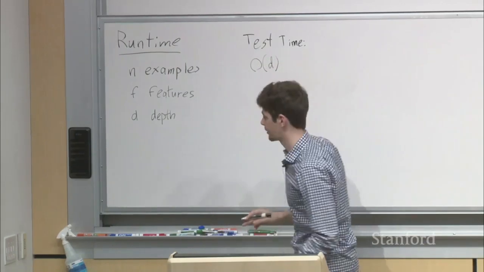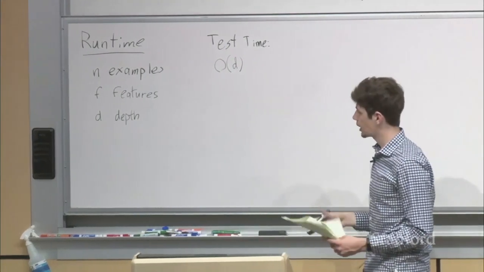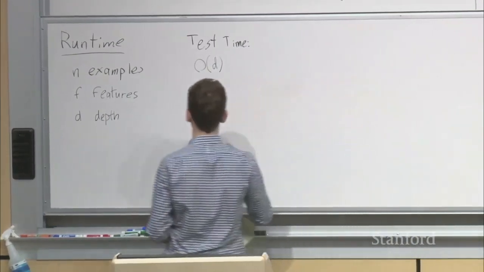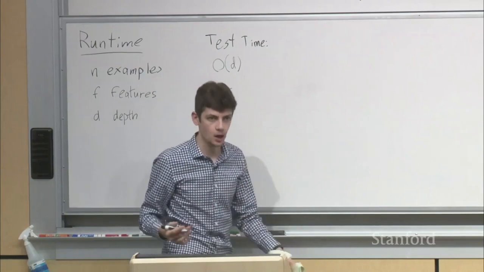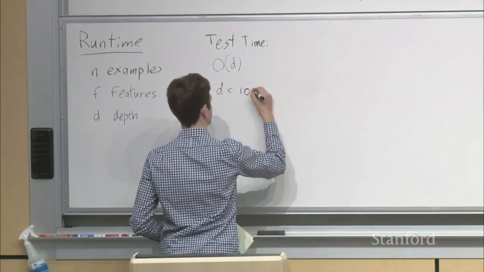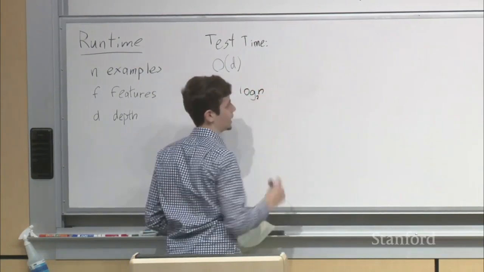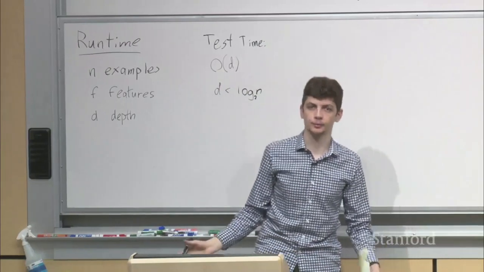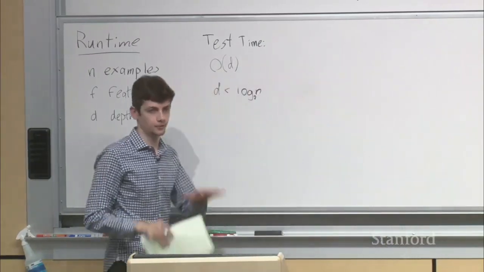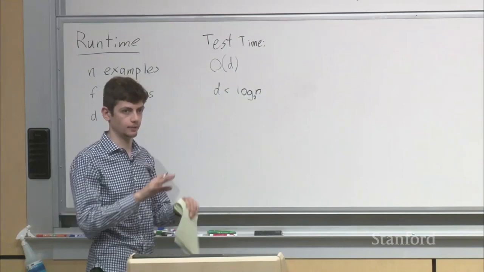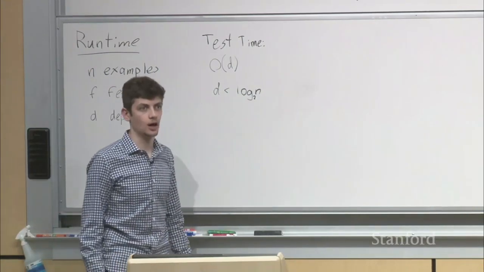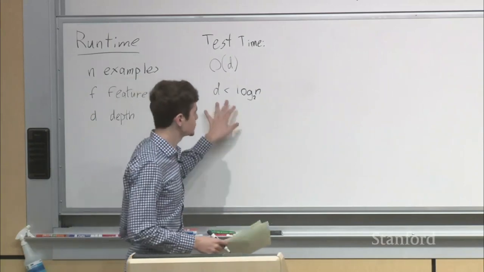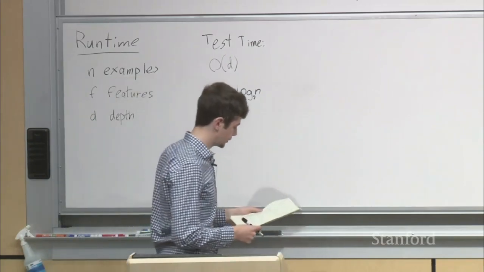And typically, though not in all cases, d is less than the log of your number of examples. You can think about this as if you have a fairly balanced tree, you'll end up evenly splitting out all the examples and recursively doing these binary splits, so you'll be splitting at the log of that n. Okay, so at test time, you've generally got it pretty quick.